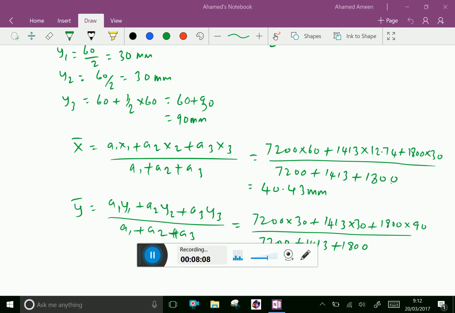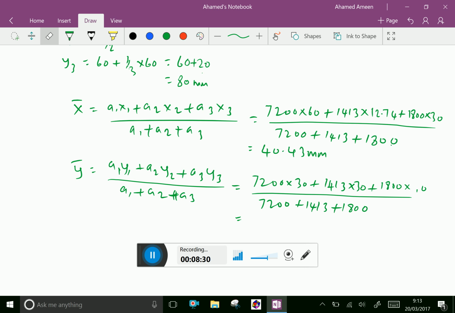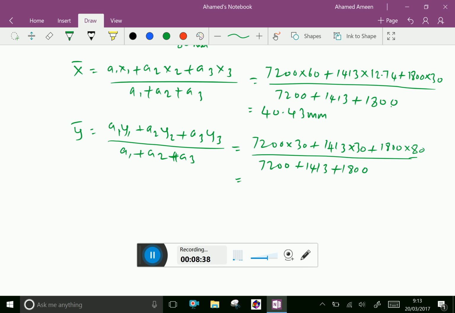some calculation error. Y3 is 1/3 of 60, meaning 60 plus 20, equal to 80 mm. Now instead of 90 we put 80, then by calculation we get y bar is 38.64 mm.